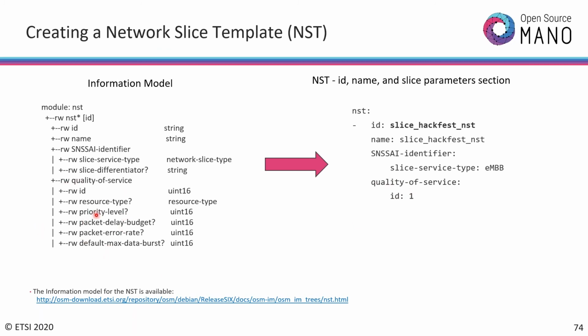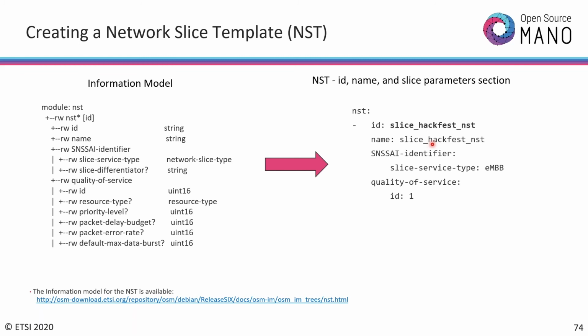Currently, in the OSM implementation, we are not enforcing any quality of service from the network slice template definition, and also we are not enforcing any configuration of the infrastructure having the identifier.